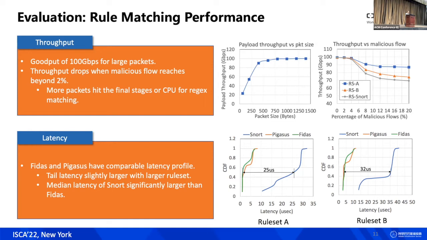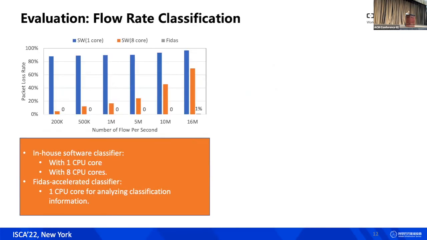Regarding latency, we can see both FIDAS and Pegasus have very similar latency profiles, and they are all much better compared to CPU-based solutions.